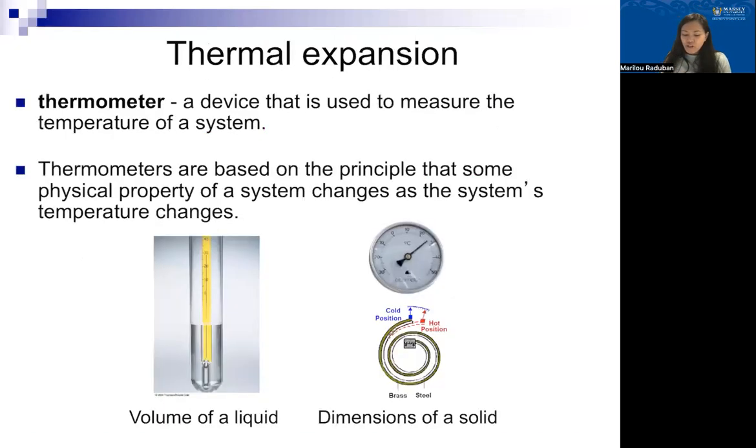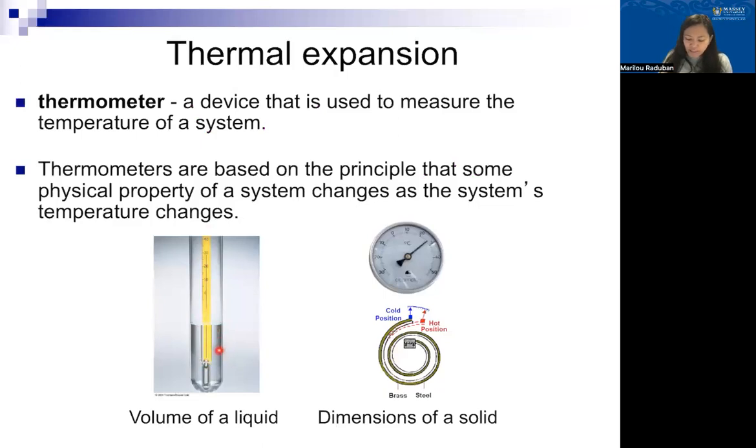Okay, thermal expansion is also the mechanism behind how a thermometer works. The thermometer measures the temperature of the system via the expansion of a substance. So the mercury in glass thermometer, or the alcohol in glass thermometer, as we can see here, measures temperature via the expansion of the liquid inside the thermometer.